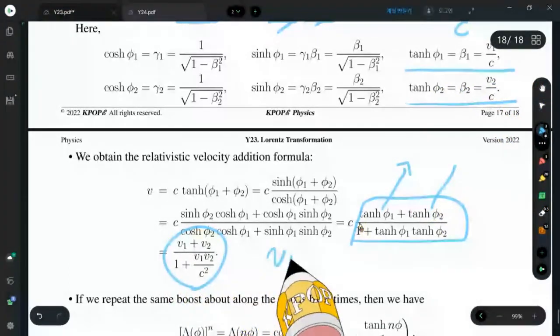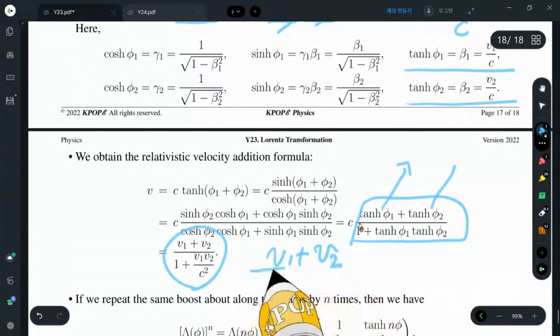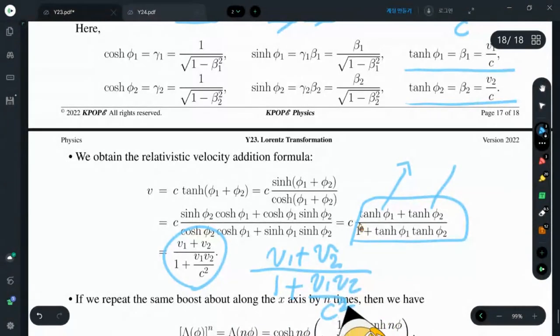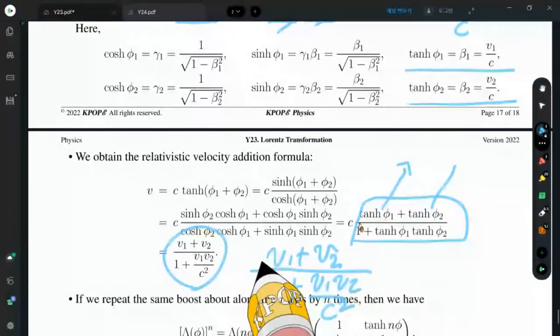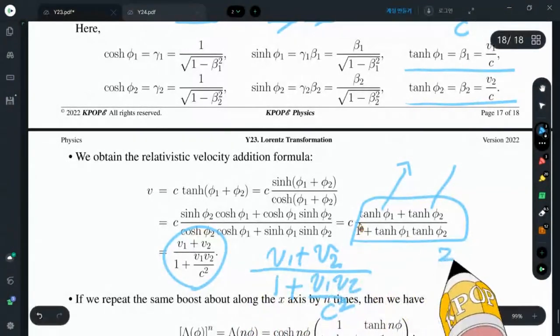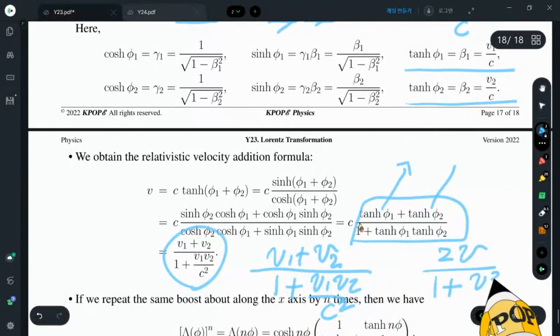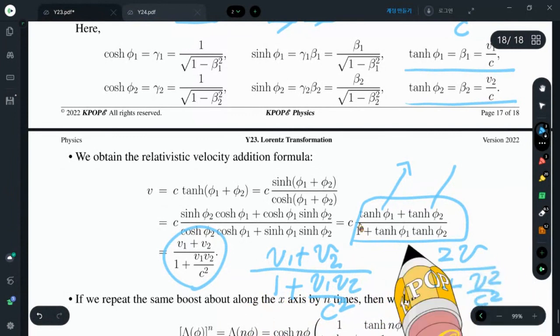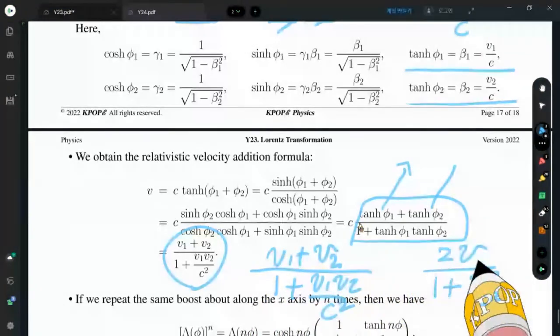This is the sum of the two velocities divided by 1 plus the product divided by the speed of light squared. So when you add the same velocity, then you will find 2v over 1 plus v squared over c squared. This additional term in the denominator rescales the final value.